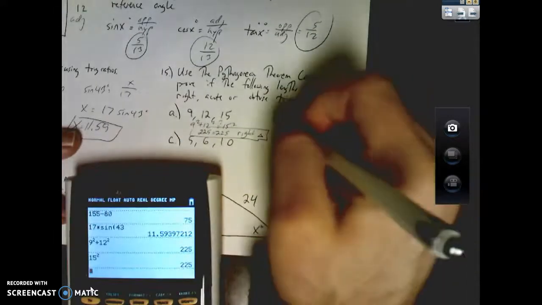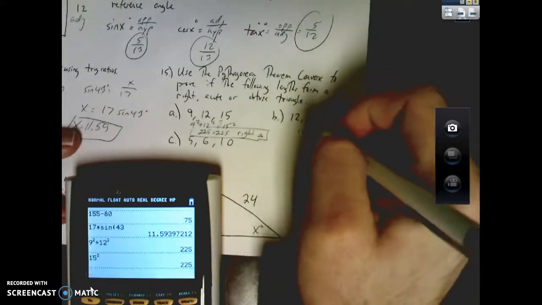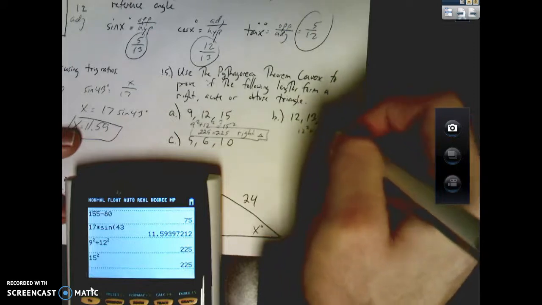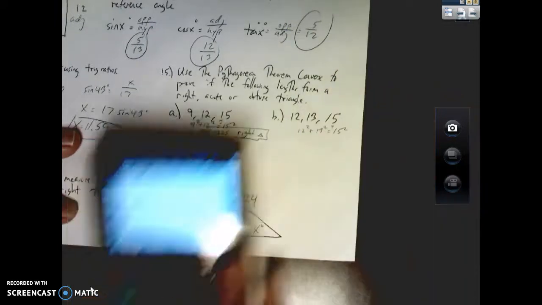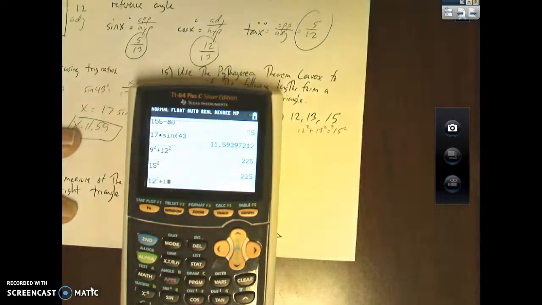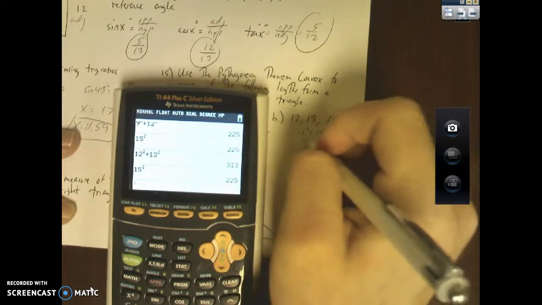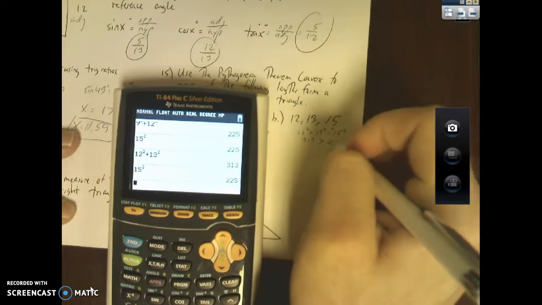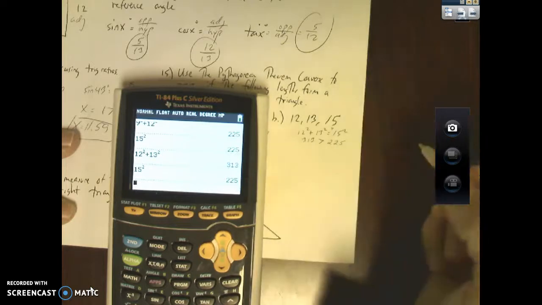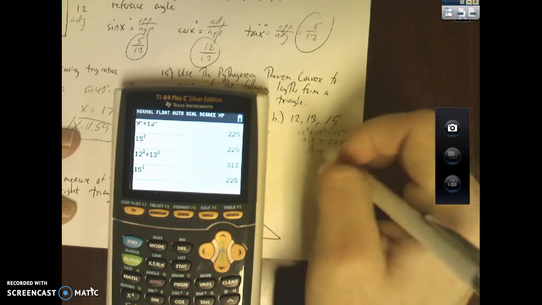Your next one, 12 squared plus 13 squared, see if it equals 15 squared. Okay. We got 313, which is larger than 225. Because your a squared plus b squared is larger, this is acute.